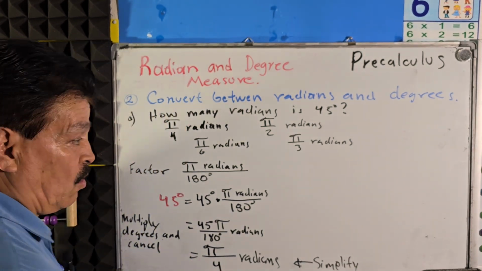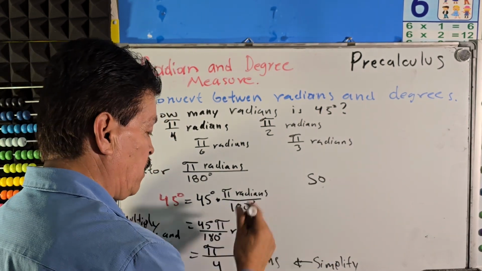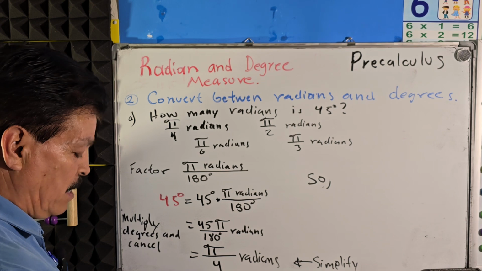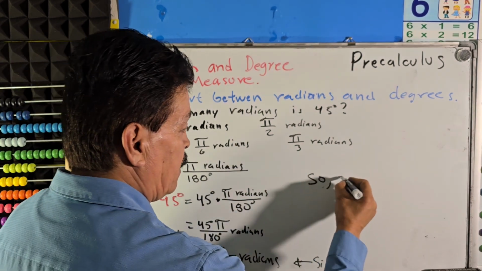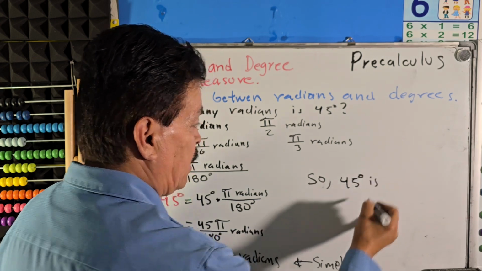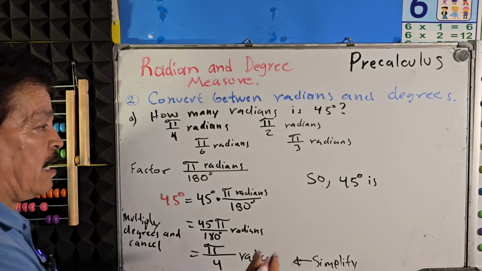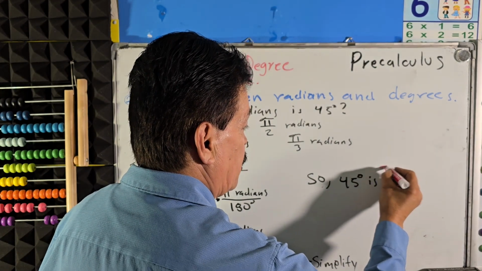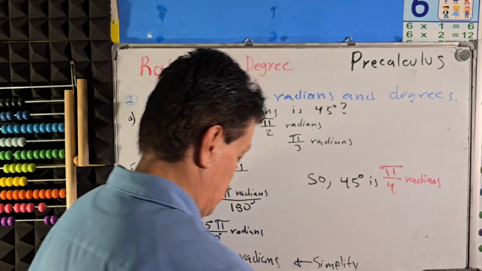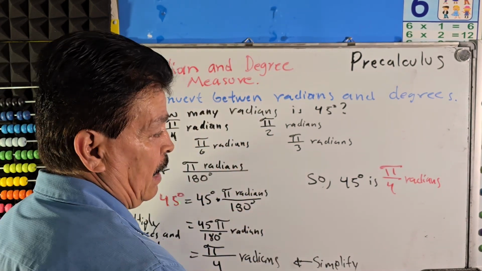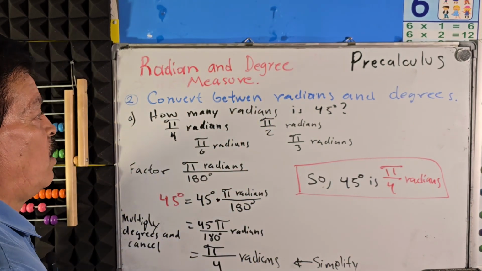We simplify. So our conclusion here is that you already have the answer right here. So 45 degrees is this answer, pi divided by 4 radians. This is our answer to our problem.